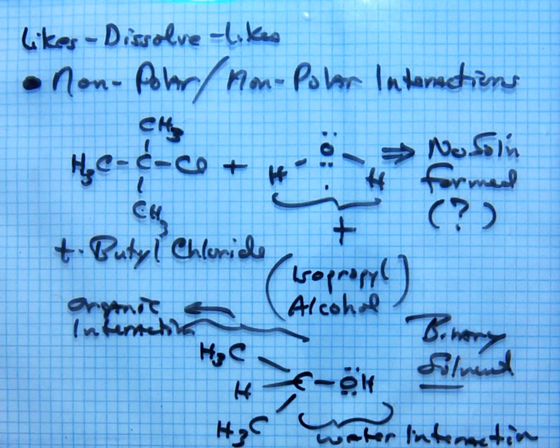But the idea is that we had to add something to be compatible with the organic end, and it still was compatible with the polar end addition. It all boils down to like dissolves like. Now you can get into things like motor oil and gasoline mixing together and go crazy trying to figure out why they interact. So let's keep it simple and say that's good enough for now.